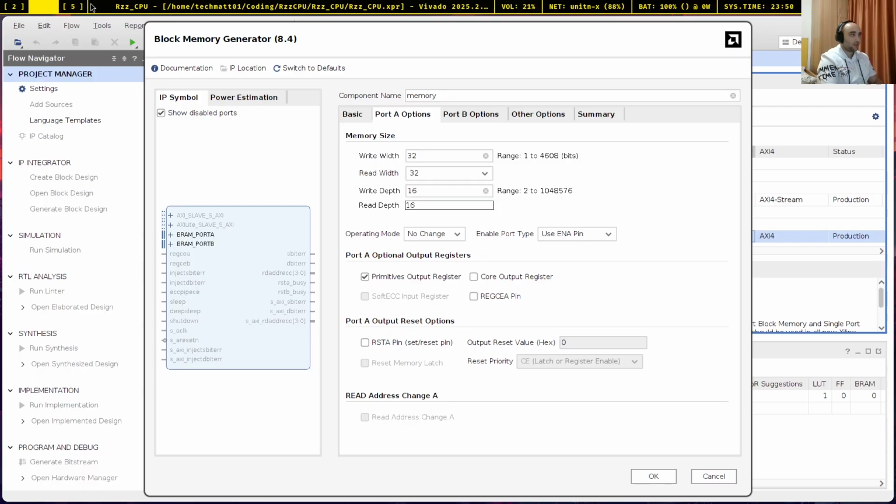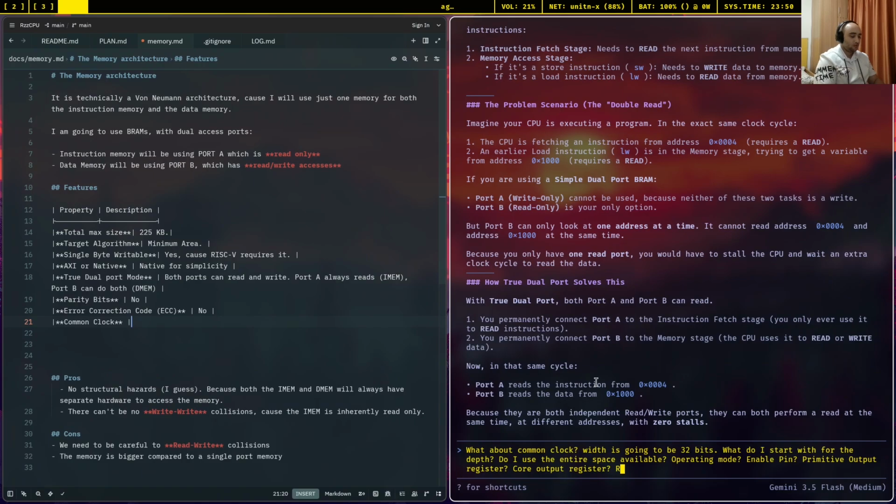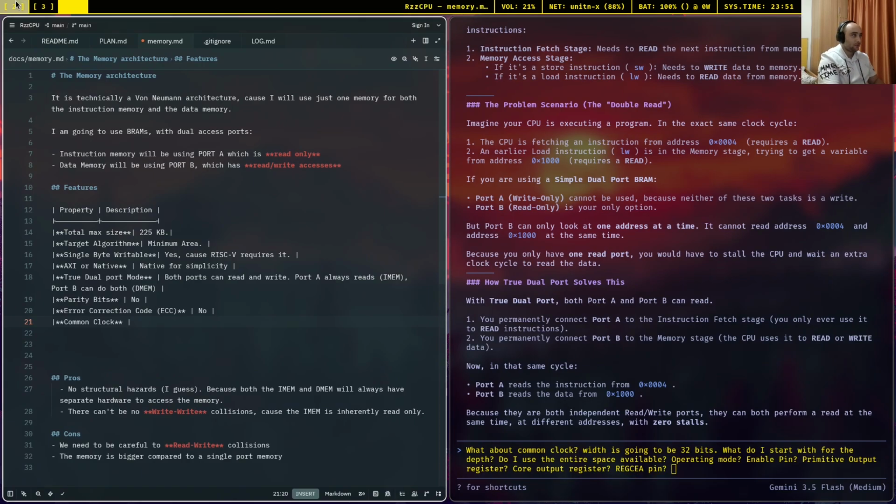Register enable pin. There is a lot of stuff.